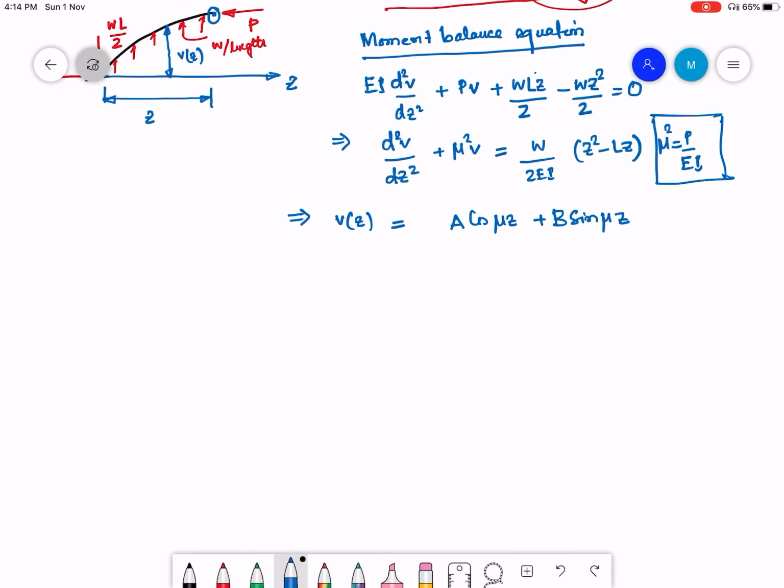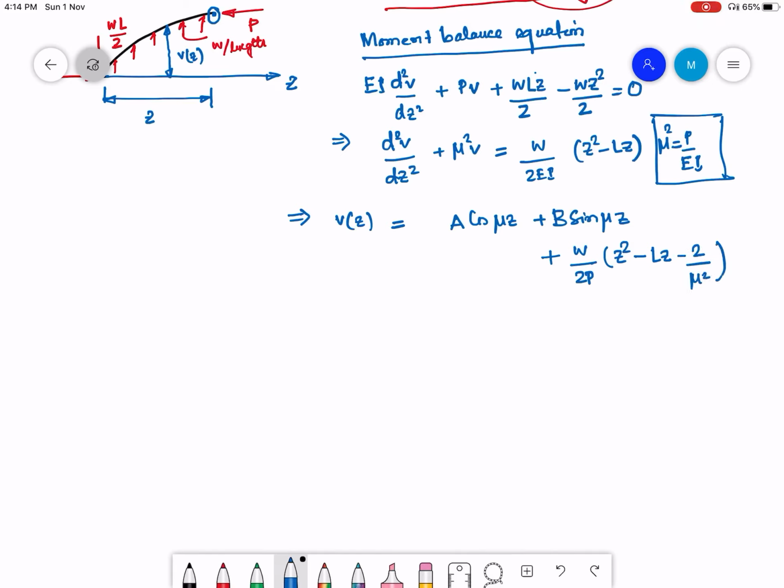Since this is a non-homogeneous equation, I will have a particular integral also, and the particular integral for this case is W by 2P times z square minus Lz minus 2 by mu square.